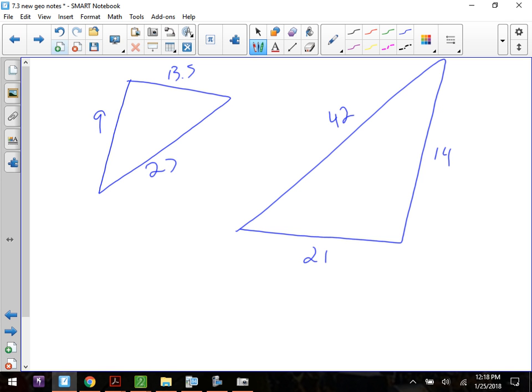One of the dead giveaways for deciphering whether it's angle angle, side side side, or side angle side is what information they give you to start with. In this case they're giving you all 3 sides, which means you have to check it via that method. The easiest thing to do is to take all the sides from the one on the left and put them in order: 9, 13.5, and 27.